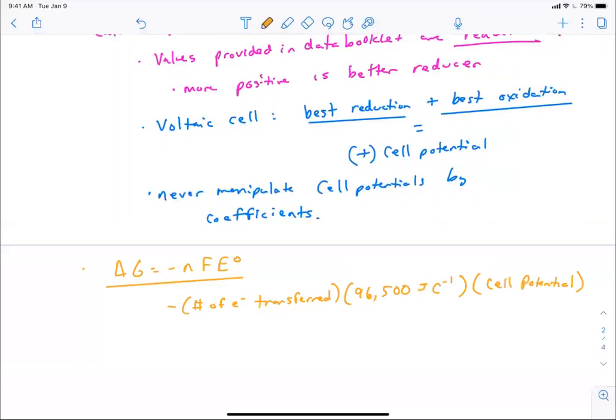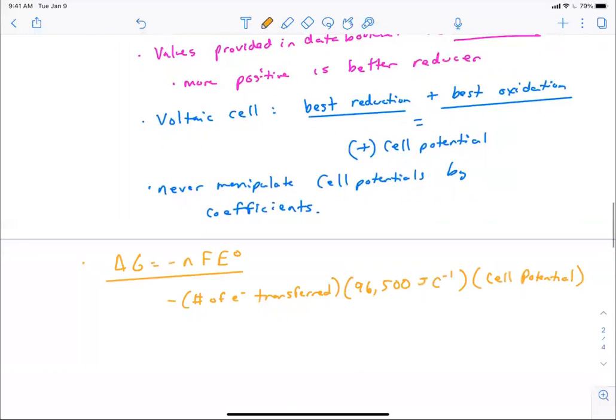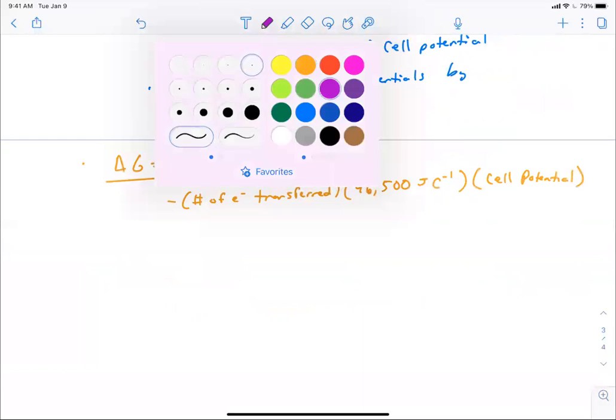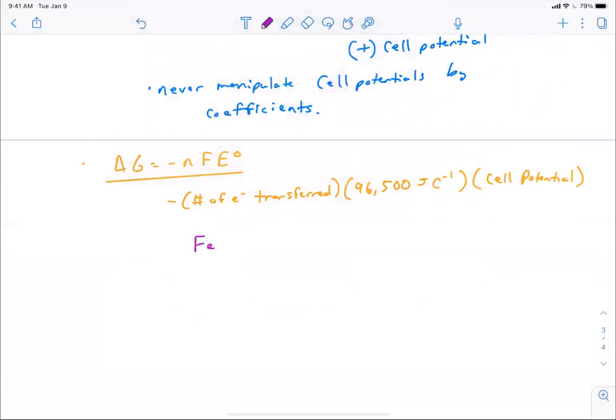And so that requires you to be able to look at a balanced redox reaction and look at the number of electrons transferred. And so, for example, let's say you had something like this, and then you had something like this as my two half reactions. Well, to do this, I'd have to multiply this one by 2 and this one by 3 to balance them out.